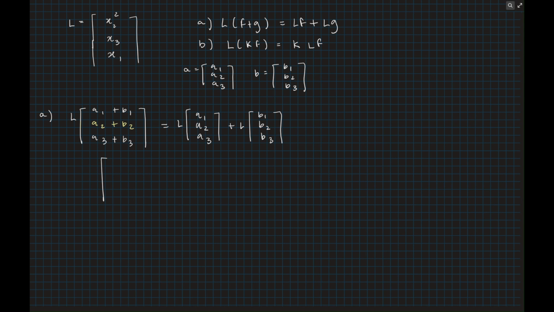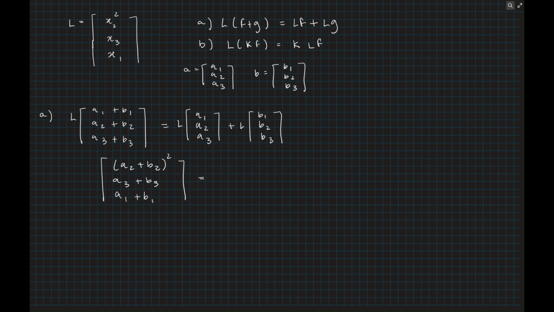So we're going to do x2 squared, which will be (a2 plus b2) squared. The next row will be x3, and x3 is right here, so a3 plus b3. Then our last row is defined by x1, so a1 plus b1. And we want to check if that's equal to the right-hand side.